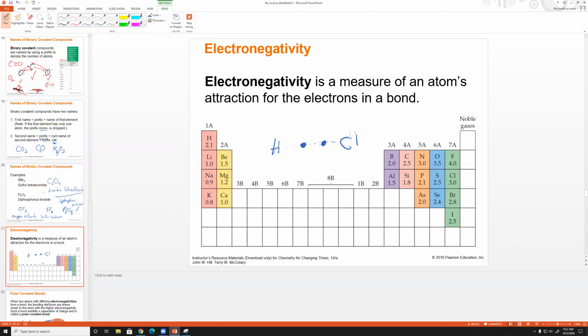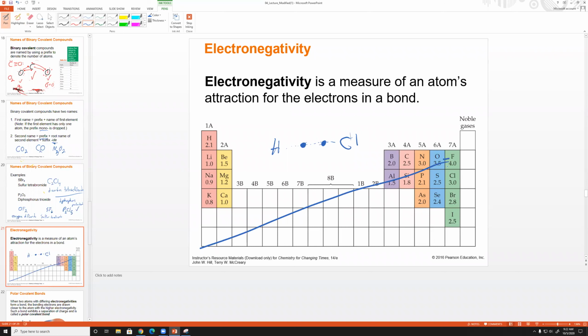And the answer is fluorine. Really, fluorine is the highest. But the trend works like this: it increases going from the bottom left to the top right. Let me try a better line.